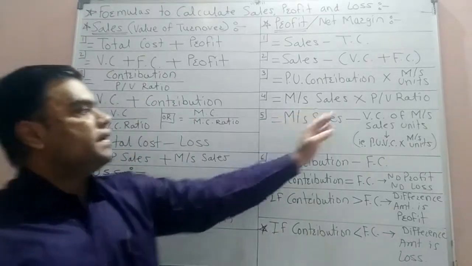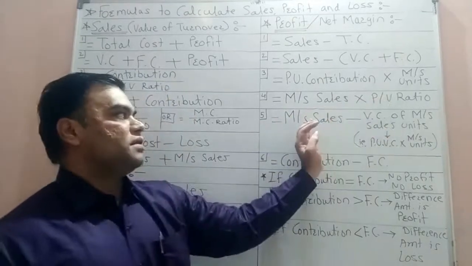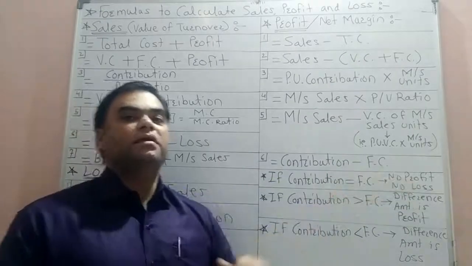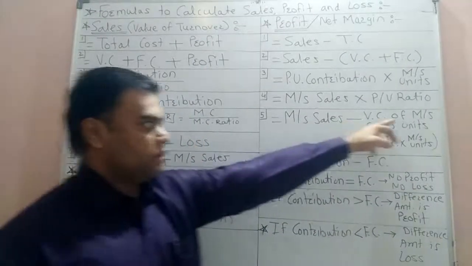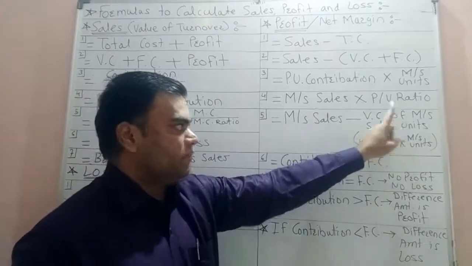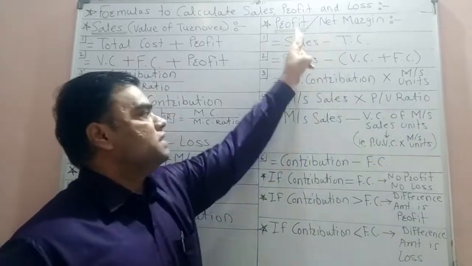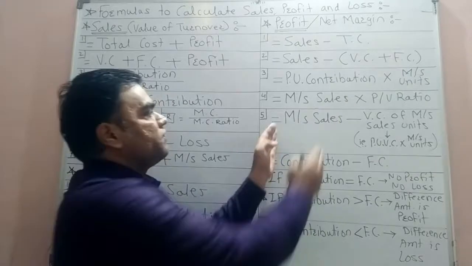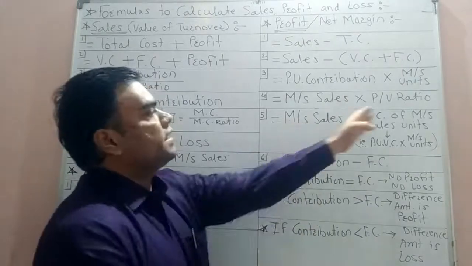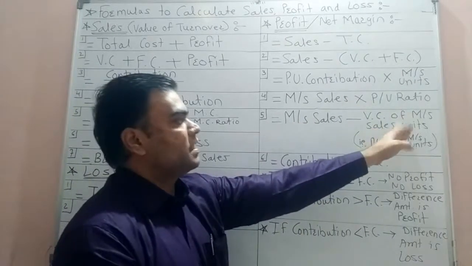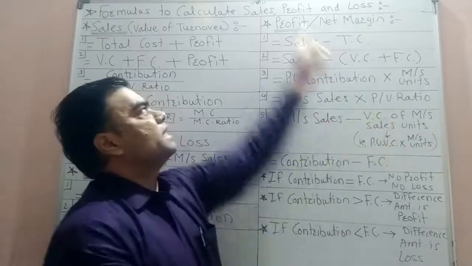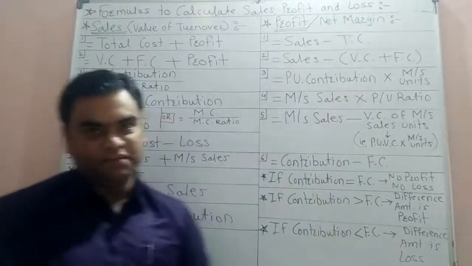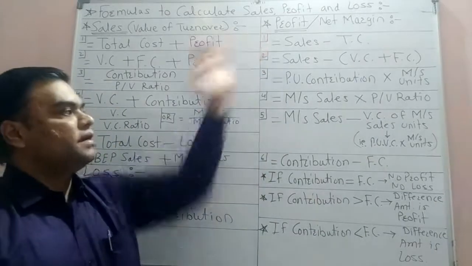So when we deduct the first content from margin of safety sales, then the second content will remain. So if you deduct variable cost of margin of safety sales from margin of safety sales, then profit will remain.